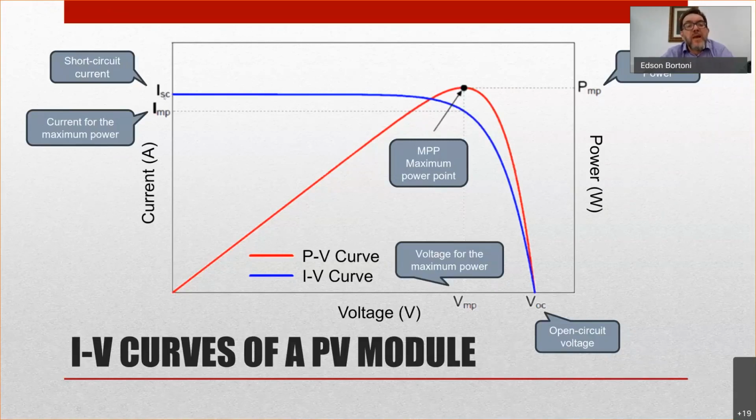So this is the blue curve, the IV curve. You can get the PV curve, which means current times voltage. There you have the maximum power you can extract from this panel. So you can every time look for the maximum power. That's what the MPPT does, the maximum power point tracking.